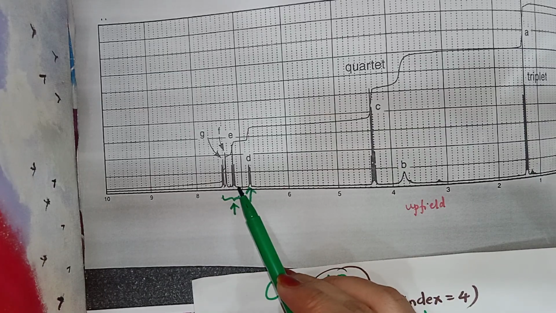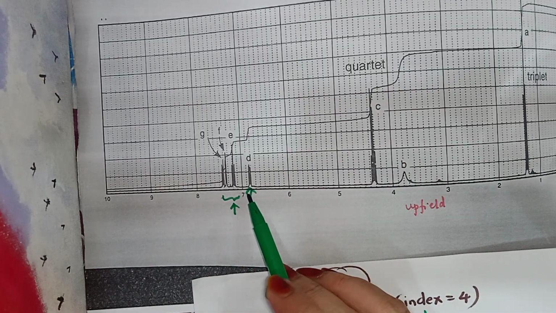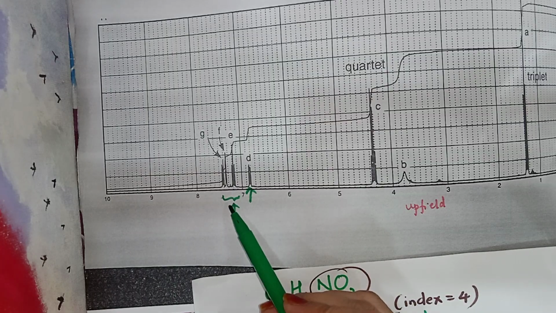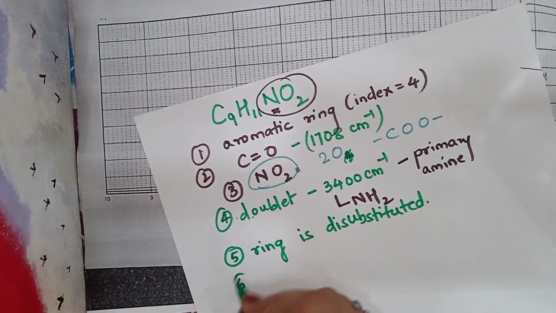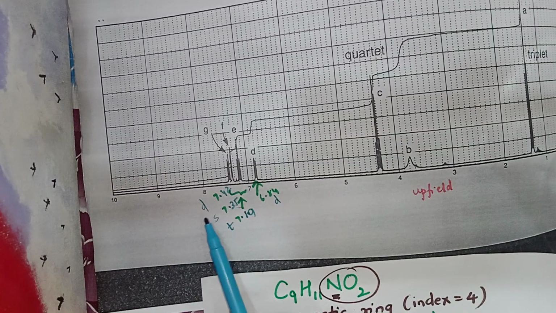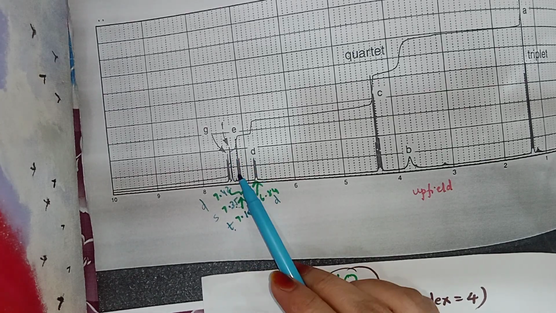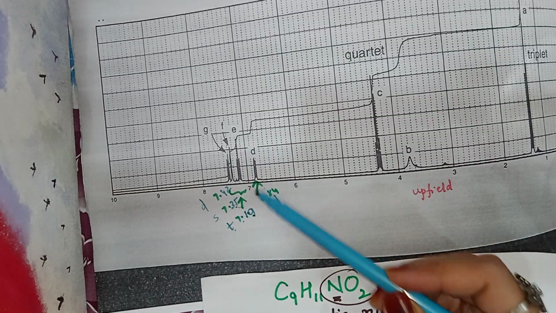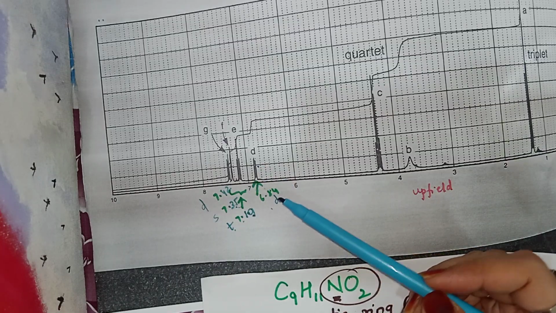Though it is difficult to see the patterns on the full spectrum, when we observe carefully, we see that there is a doublet at 7.42 ppm, a singlet at 7.35, a triplet at 7.19, and at 6.84 again a doublet.